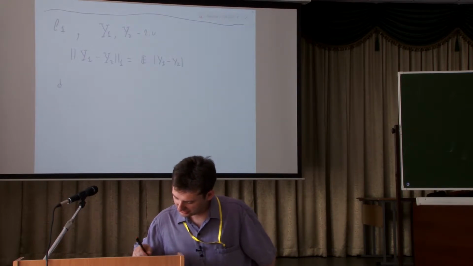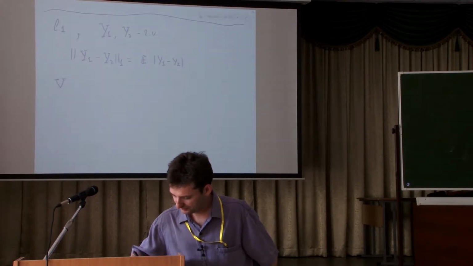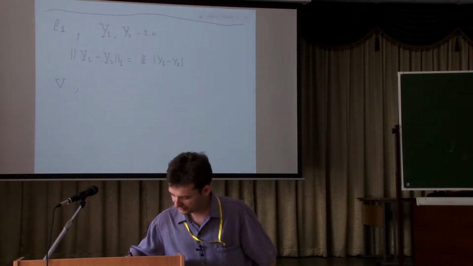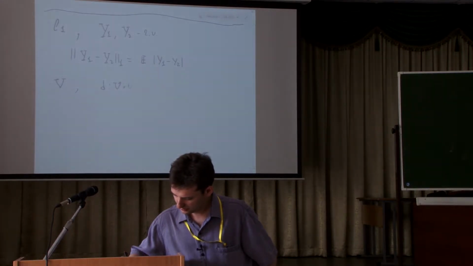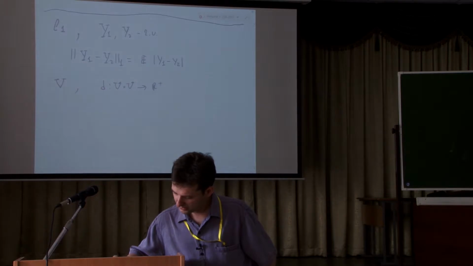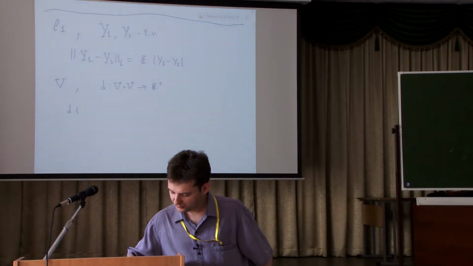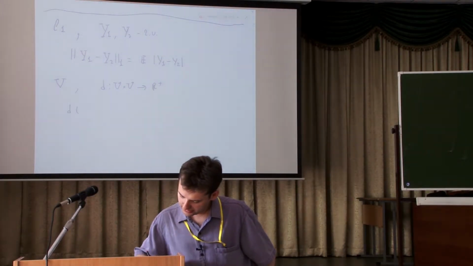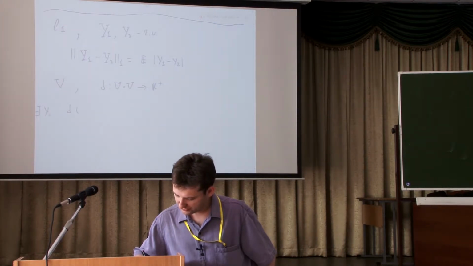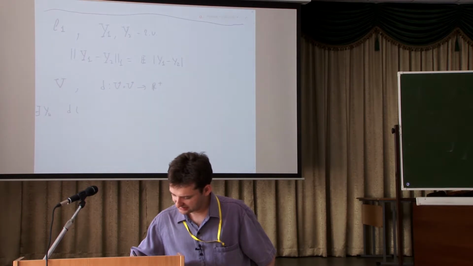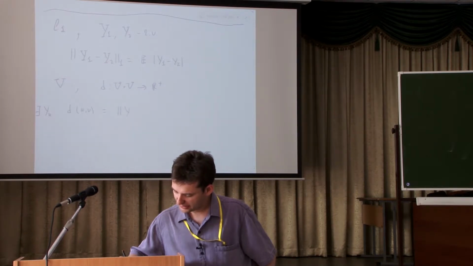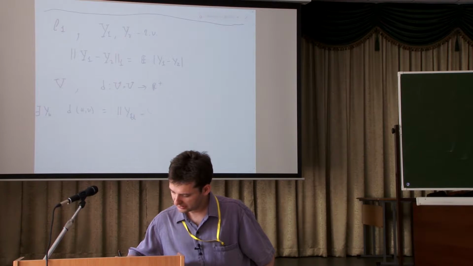Let's say we have a space V with a metric space D defined on V. So we'll say that this D is an L1 metric space if there exist corresponding y's, y sub u, such that the distance between u and v in the original space equals the L1 distance between yu and yv.